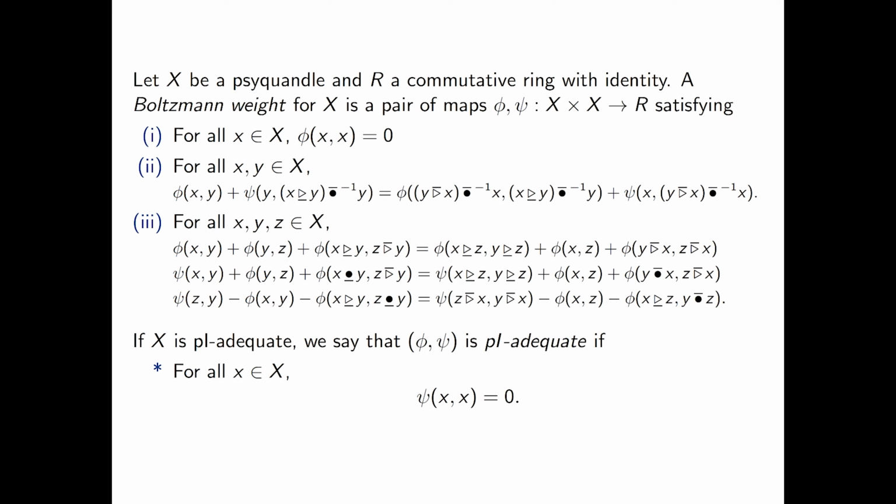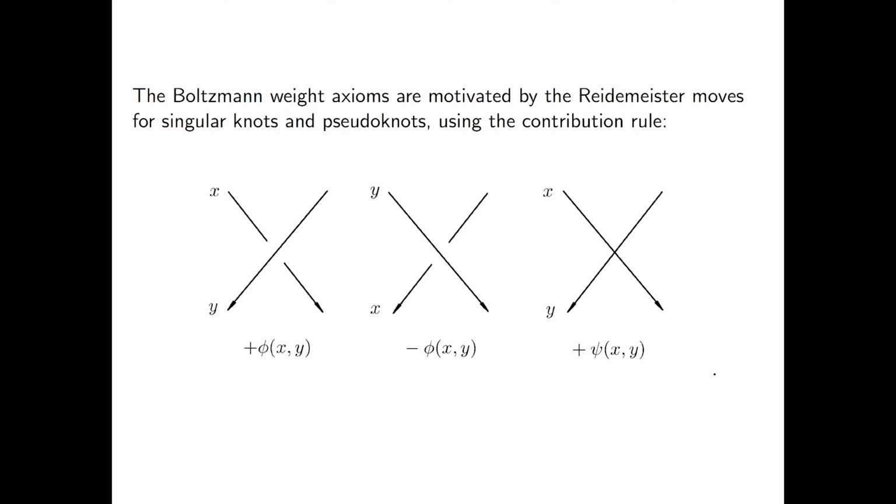If you're considering pseudolinks, then you're going to consider the generalized Reidemeister moves plus the extra type 1 move with a pre-crossing. So as I mentioned, the Boltzmann weight axioms are motivated by the Reidemeister moves. And of course, depending on what kind of knot you're considering, you're either going to look at the generalized Reidemeister moves or the generalized Reidemeister moves plus that type 1 move with the pre-crossing.